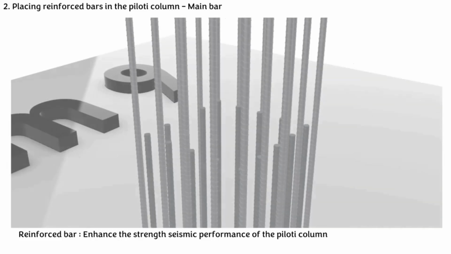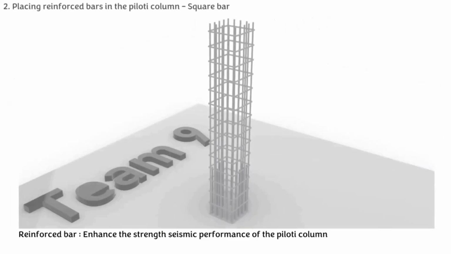First, we have to place the main reinforced bar vertically. These bars are connected to the protruding portions that are intentionally created on the foundation slab for the connection between the slab and the columns. Additionally, some bars protrude above the columns to facilitate the future connection with the transfer layers to be constructed on top of the columns.